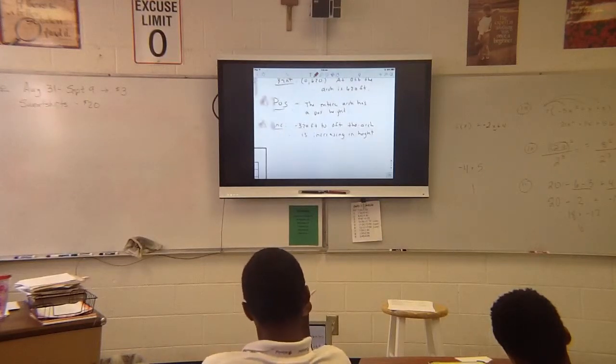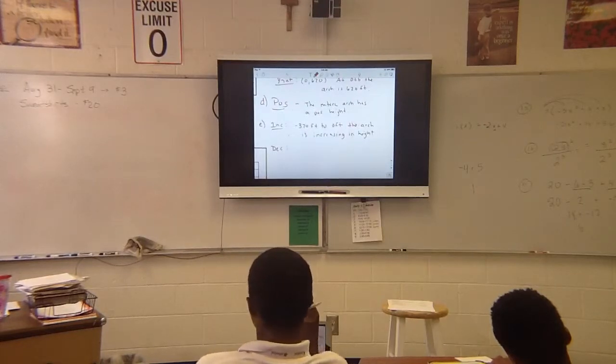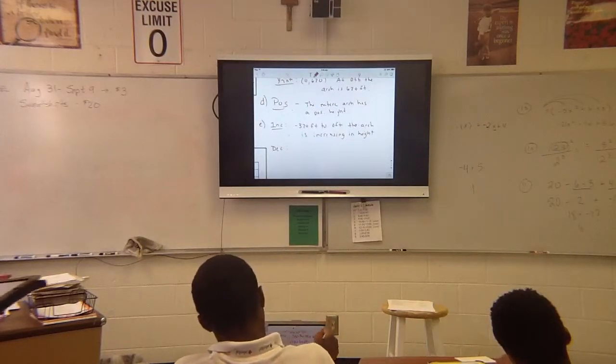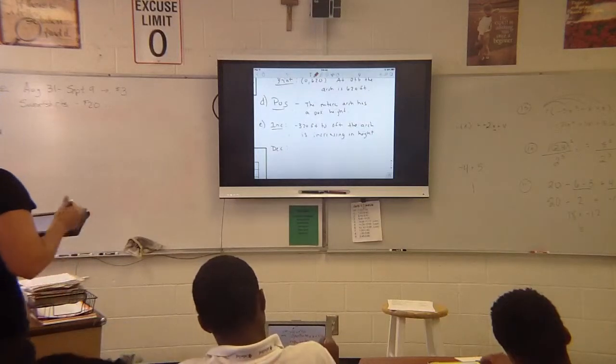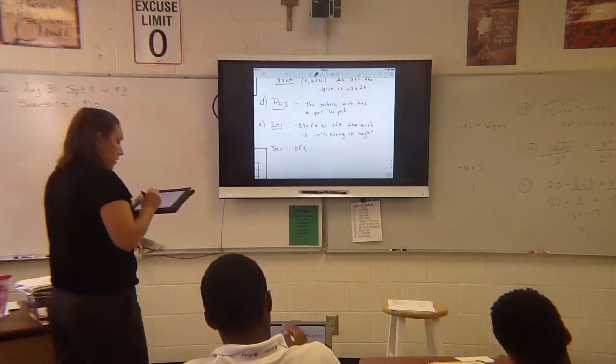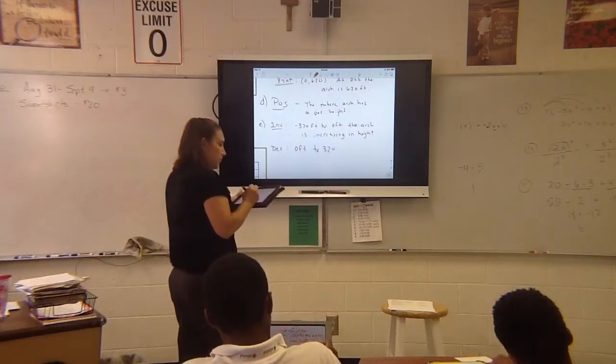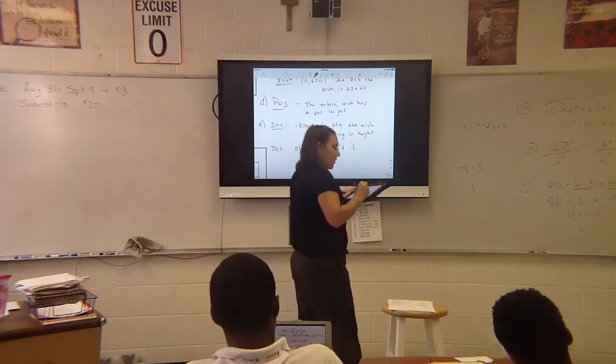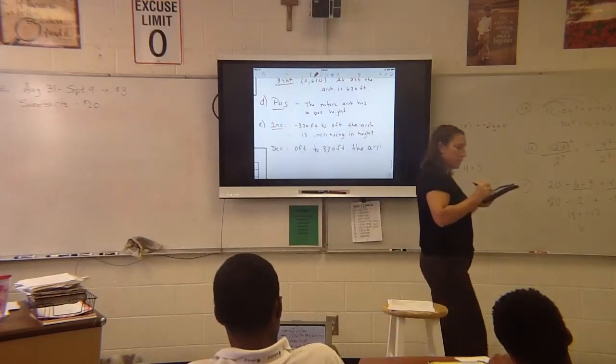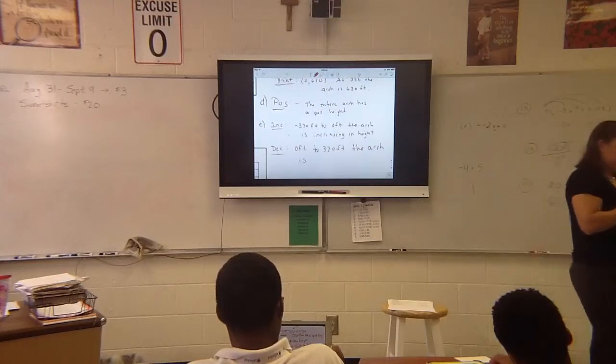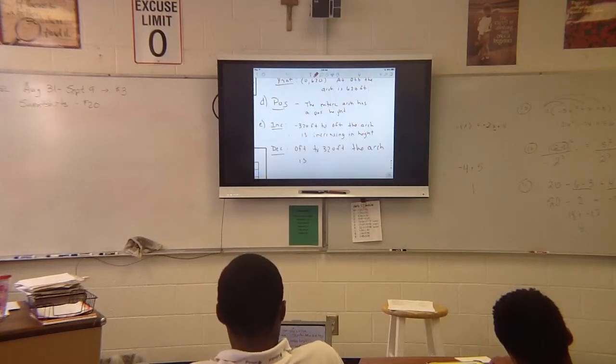Now, what part would be decreasing? What do you got? From 0 feet to 320 feet. Very good. And what's happening to the arch on this one?